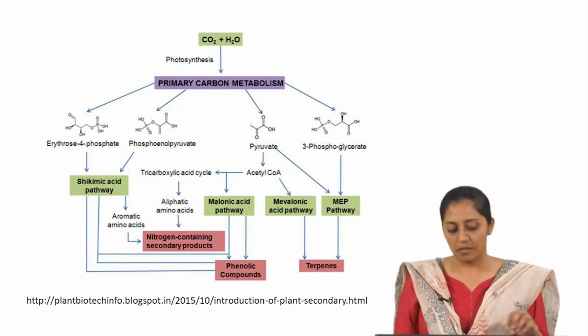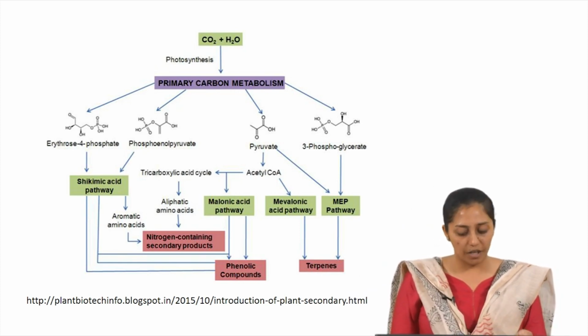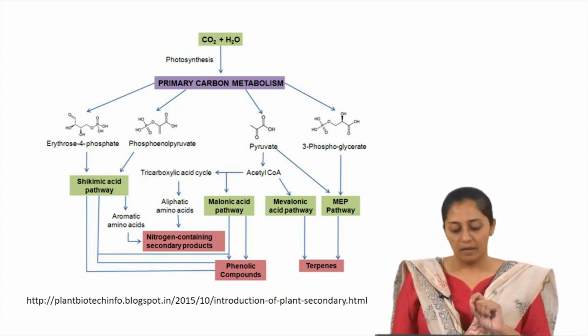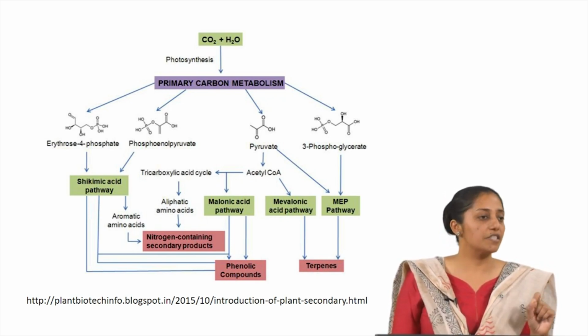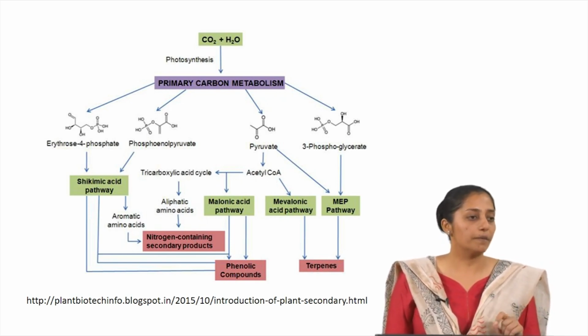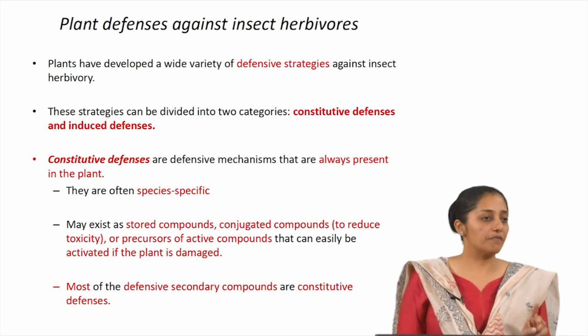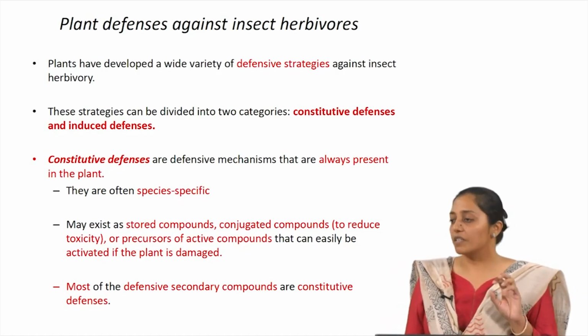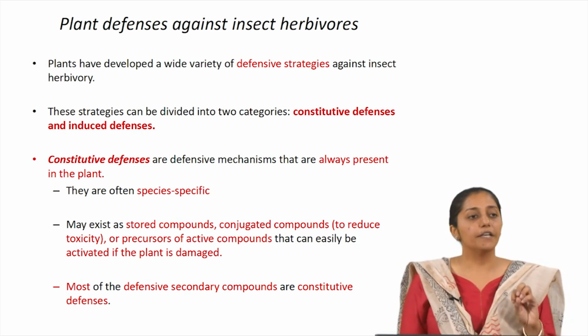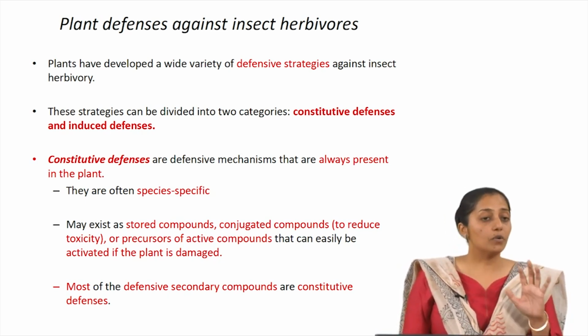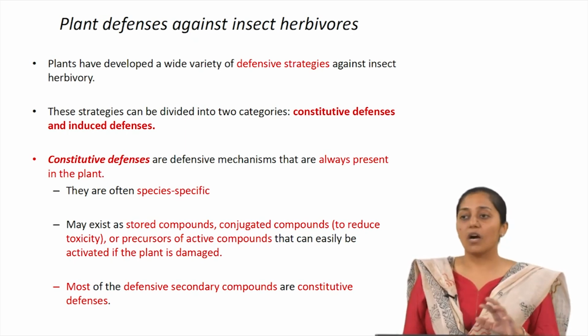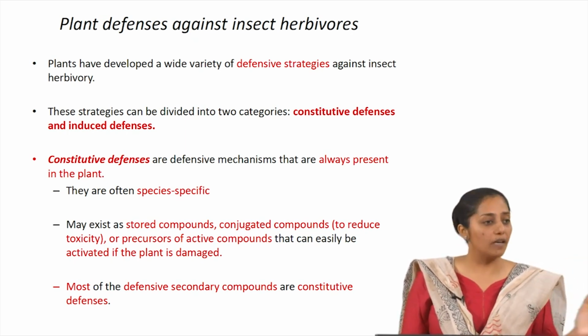In secondary metabolism, the major pathways involved are the shikimic acid pathway, the mevalonic acid pathway, and the MEP pathway, which is the methyl erythritol phosphate pathway. Now, we were also talking about the two different types of defense present in plants. One is constitutive defense and the other is induced defense. In order to conserve resources, the plant would not like to use all at once.